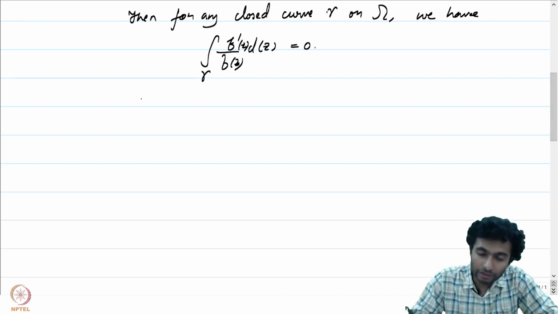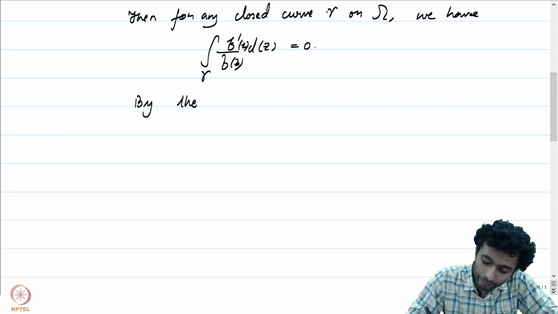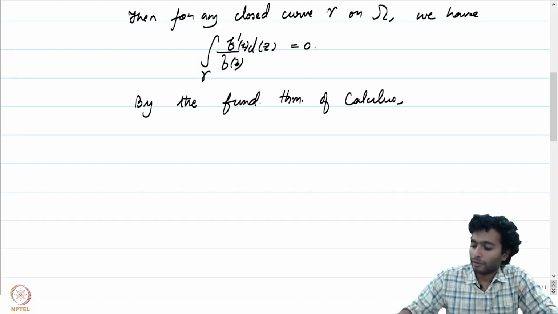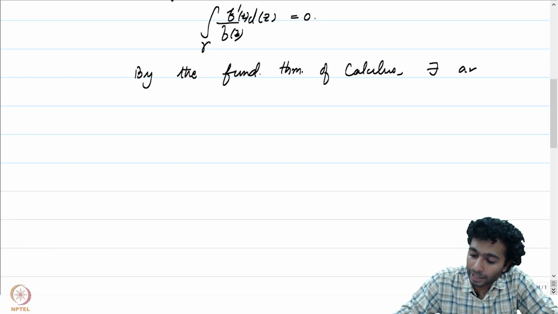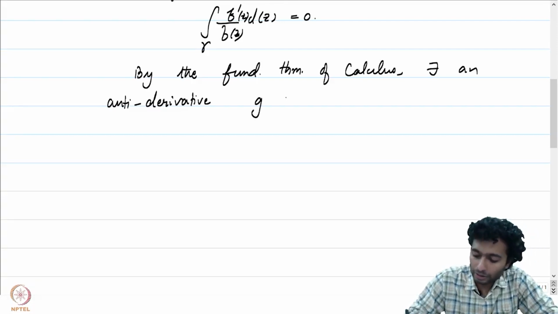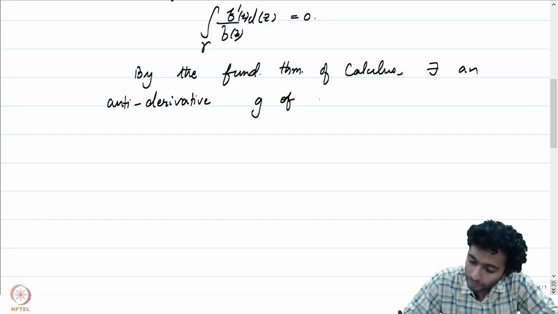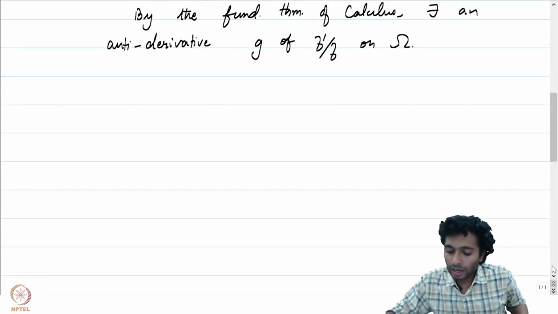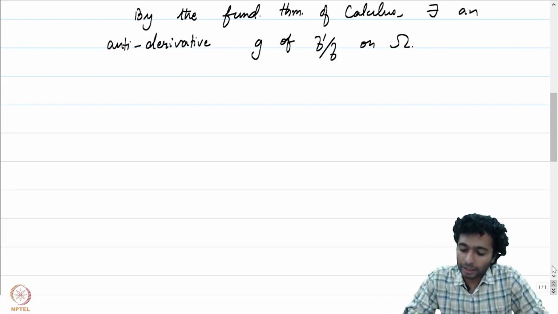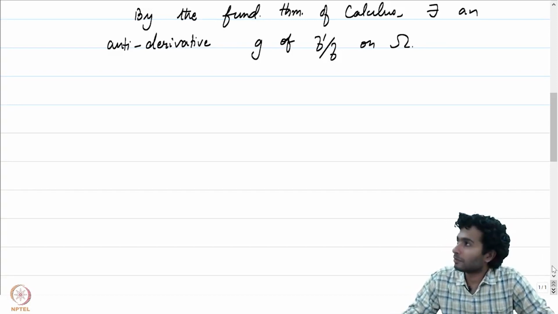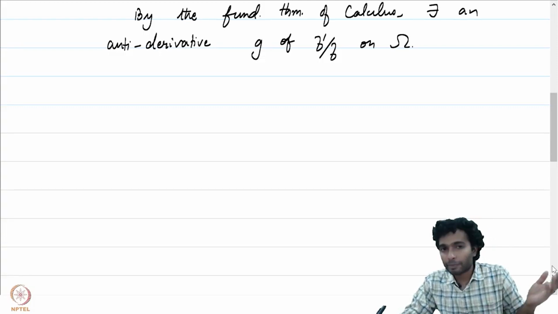Now by the second fundamental theorem of calculus, there exists an antiderivative g of f prime by f on omega, and the antiderivative is uniquely defined up to addition by a constant.